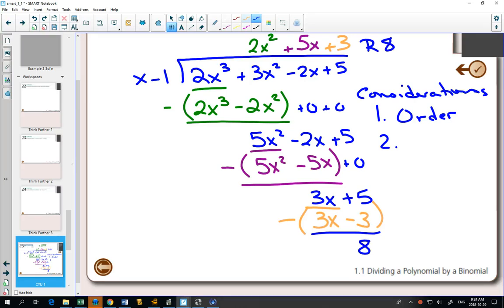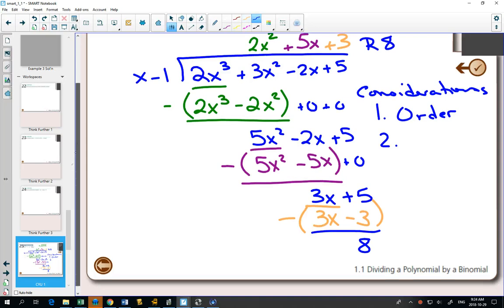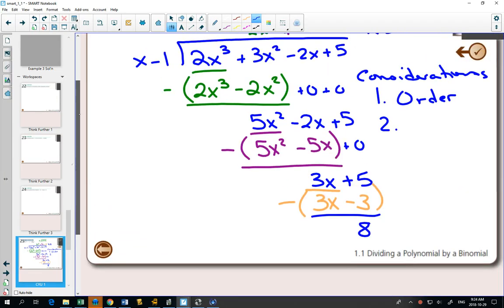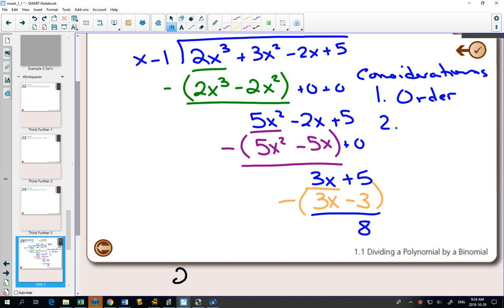What does this mean? If we want to write out what this means, I'll write my final thing in back. 2x cubed plus 3x squared minus 2x plus 5.